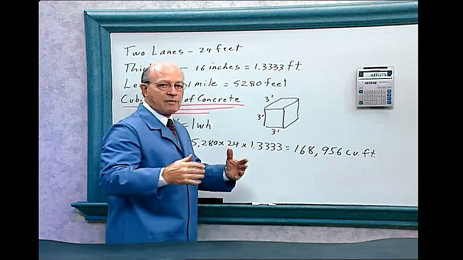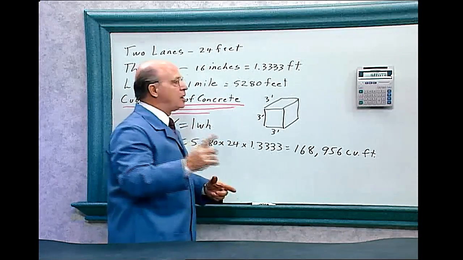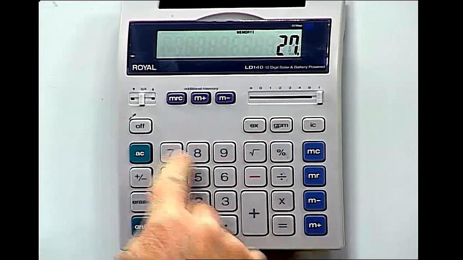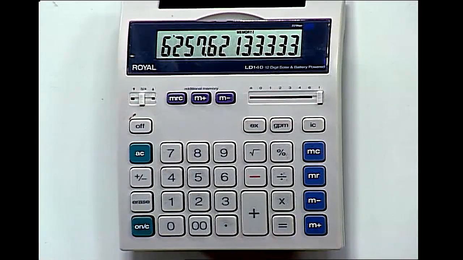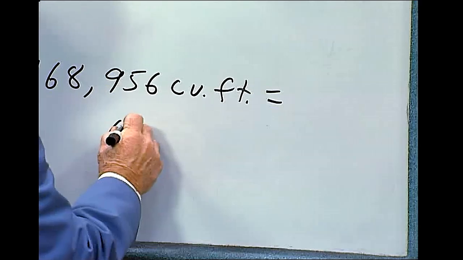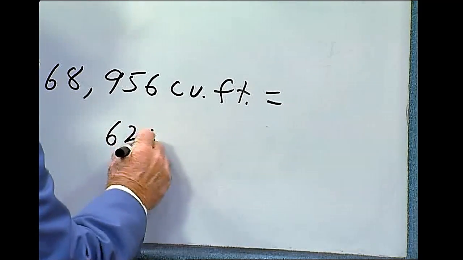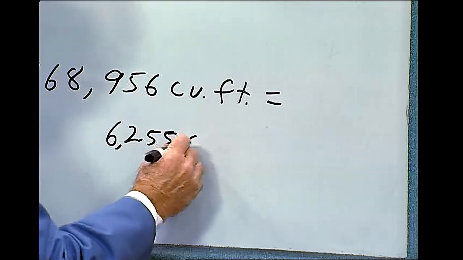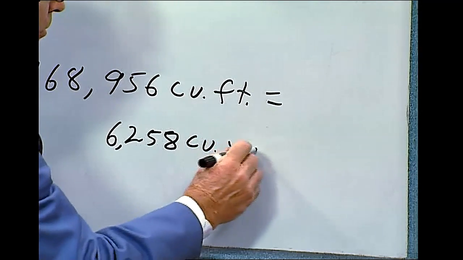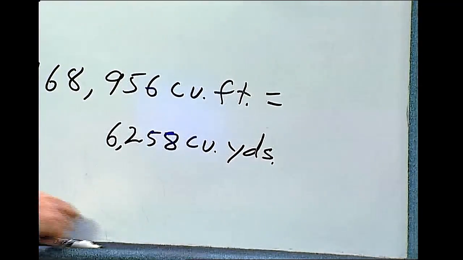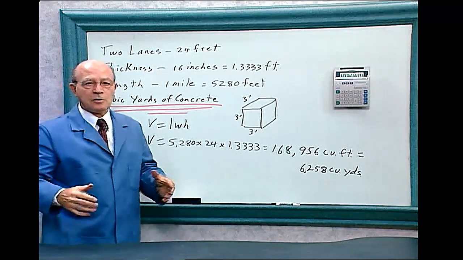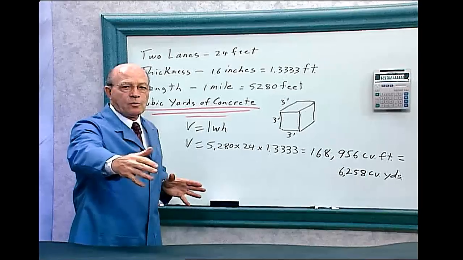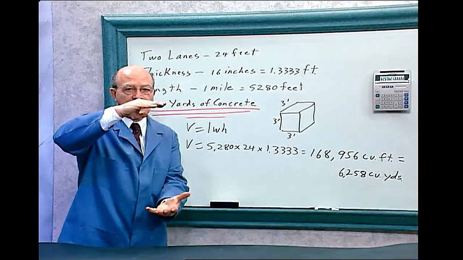So there's 27 cubic feet in 1 cubic yard, so we have to divide that number by 27, and that will equal 6,258, rounded up, cubic yards of concrete are needed to build this highway that is 1 mile long, 24 feet wide, and 16 inches deep.